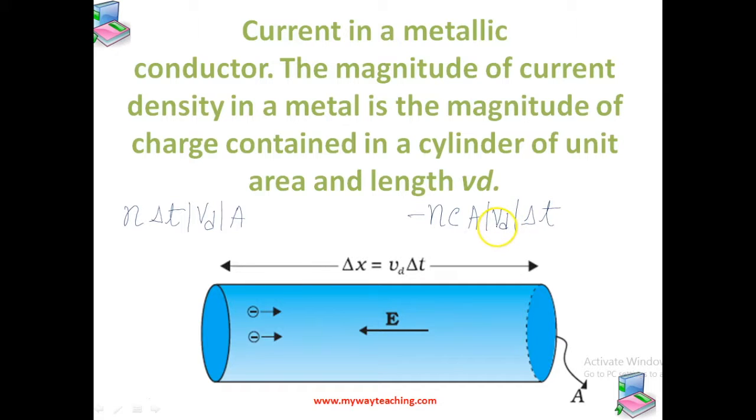The amount of charge crossing the area A in time delta t, by definition, is I delta t, where I is the magnitude of current. So we can write I delta t is equal to plus n e A Vd delta t.